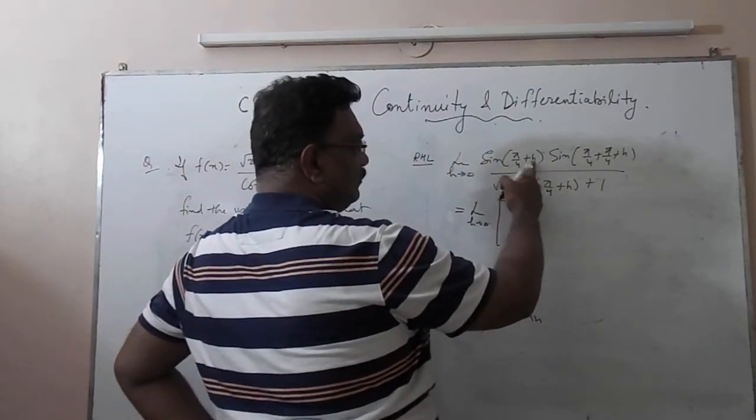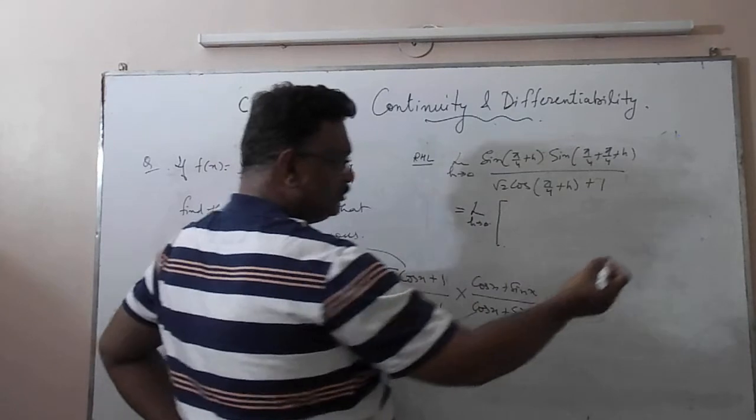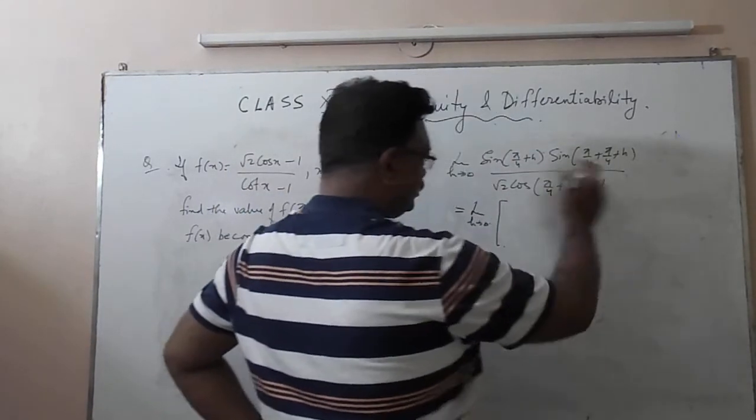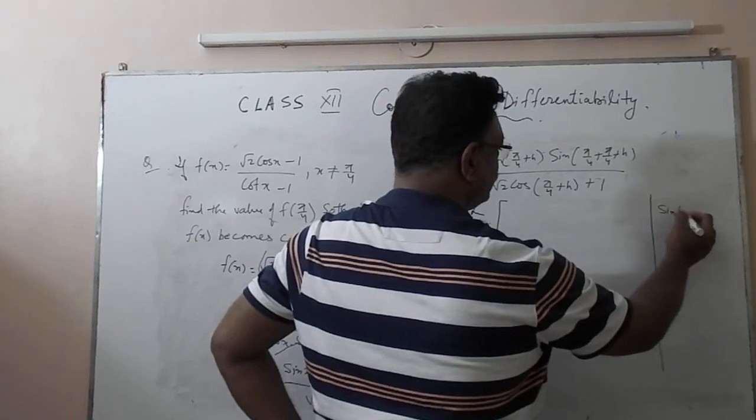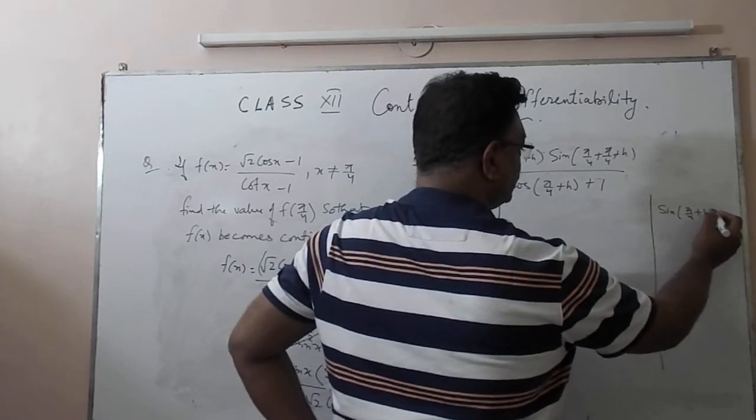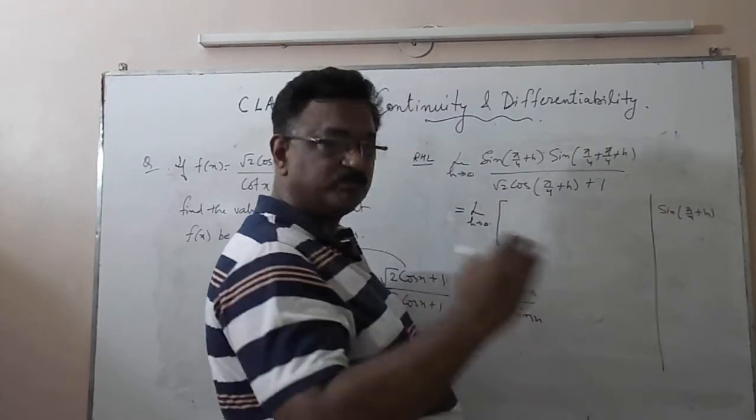Sin pi by 4 plus h. You can do it in rough and find out the value, because otherwise it becomes too lengthy to solve over here. Sin pi by 4 plus h. Use the formula sin a cos b plus cos a sin b.